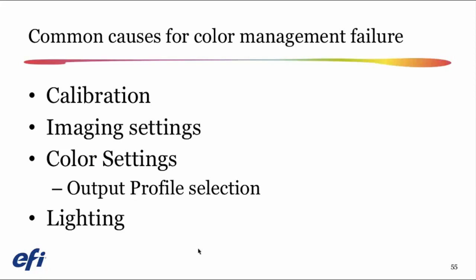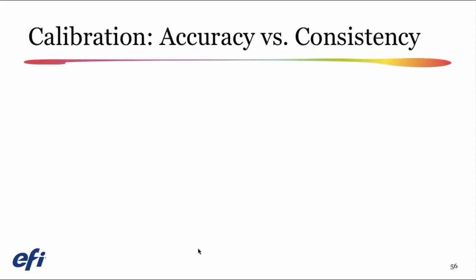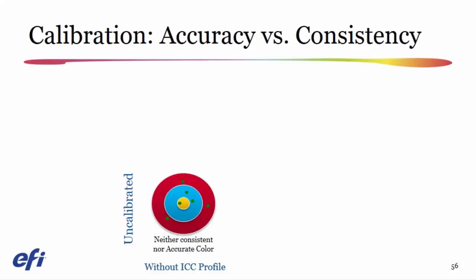The first problem is related to calibration. Calibration is essential on the DFE. If I don't calibrate the device, I have a situation where my colors aren't landing in a consistent place from day to day. We see this in the lower left corner of the slide.